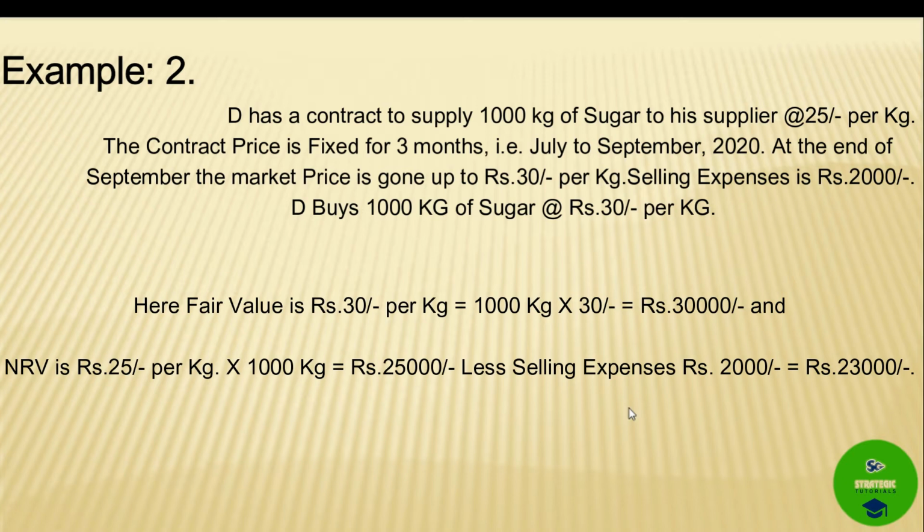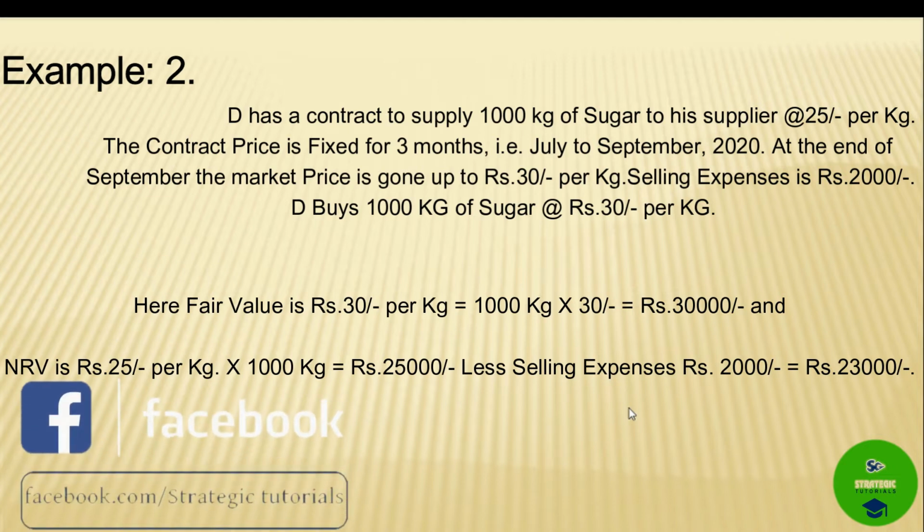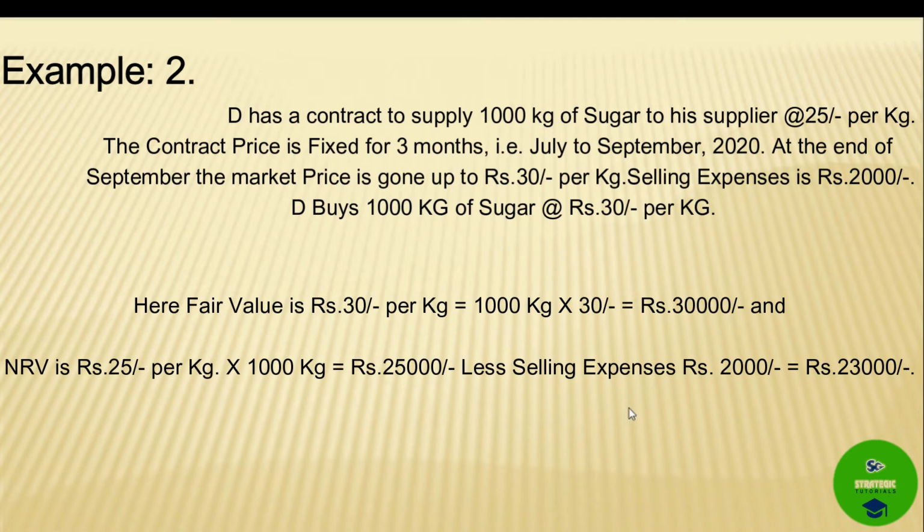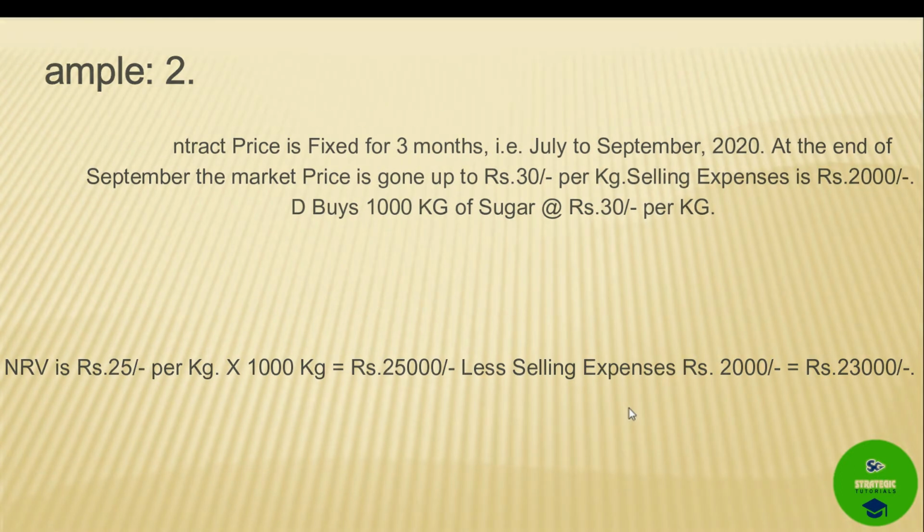D buys 1000 kg of sugar at the rate of 30 rupees per kg. So calculation of fair value should be 30 rupees per kg, 1000 kgs he buys. So total purchase value will be 30,000 and NRV is 25 rupees per kg into 1000 kg, that is 25,000, less selling expense 2000, so NRV will be 23,000.